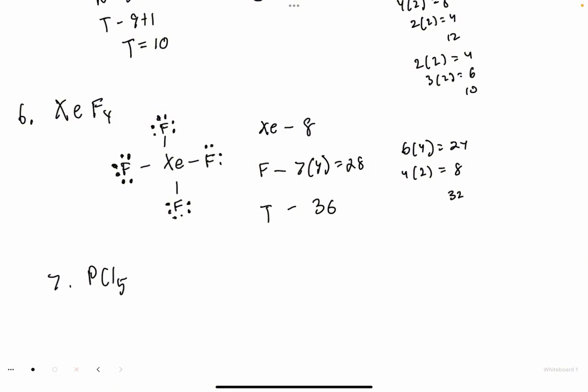Well, that's where the exceptions come in. Specifically for this one, we would get 2 more lone pairs on xenon.